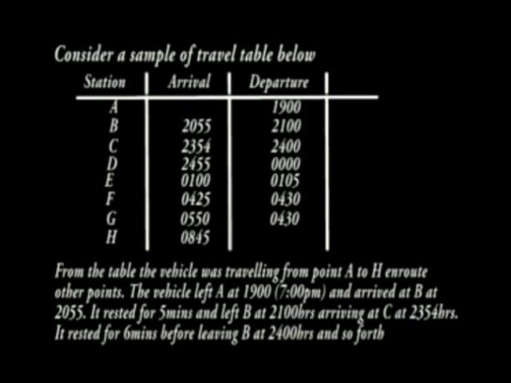It rested for 5 minutes and left B at 2100 hours, arriving at C at 23:54 hours. It again rested for 6 minutes before leaving B at 24 hours, and so forth and so forth.